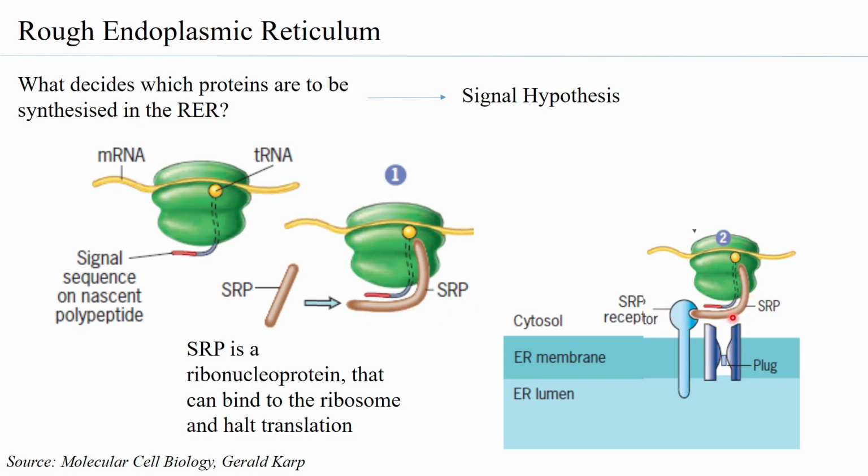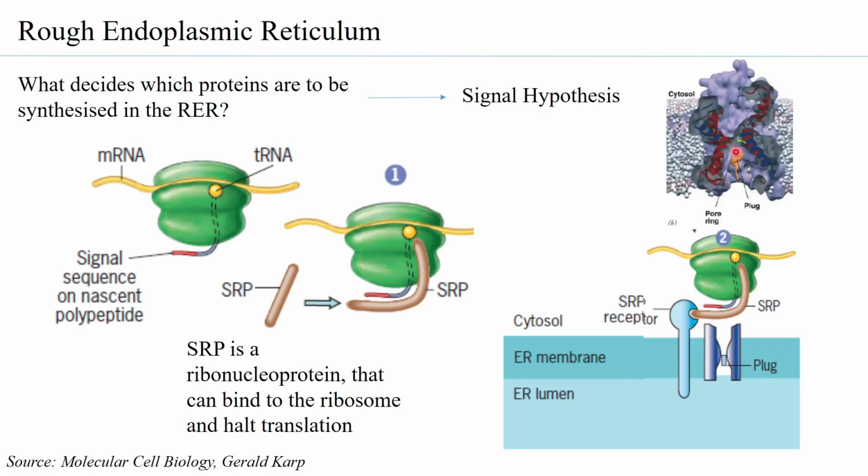So the second step is that the SRP comes and binds to the SRP receptor. This is the plug, this is the pore ring, and the plug is keeping the pore ring closed, so nothing can really enter unless the pore ring opens up or the plug is shifted. This is important. You have the translocon, but nothing is going to translocate unless the plug is moved.